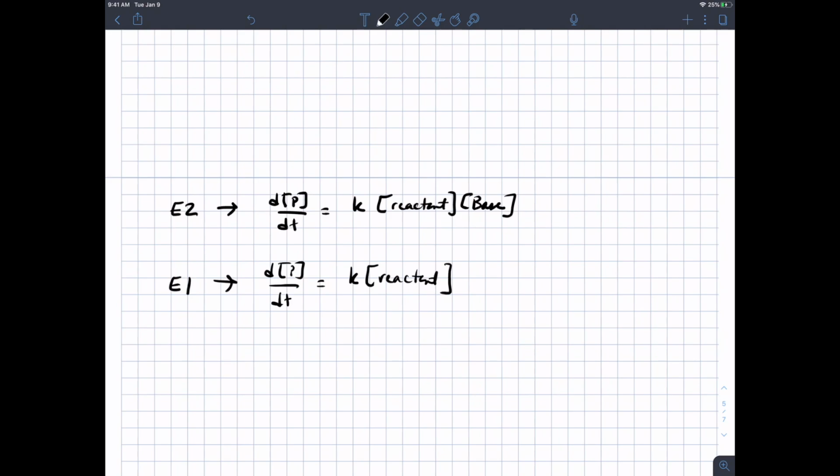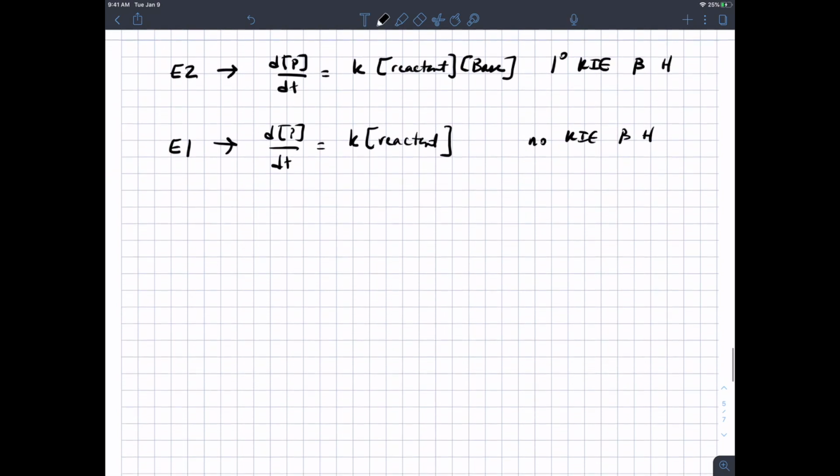We would expect for E2 reactions a significant primary kinetic isotope effect for the beta proton, the one that gets removed in the transition state, whereas there is no kinetic isotope effect at the beta proton for an E1 reaction, because in an E1 reaction that deprotonation happens after you get to the carbonyl carbon.